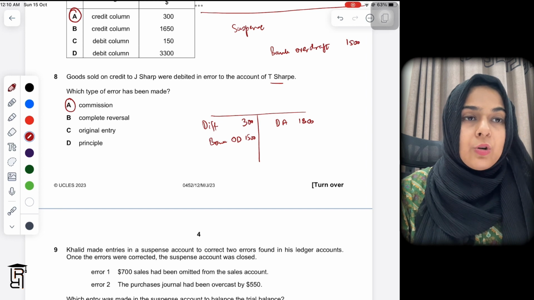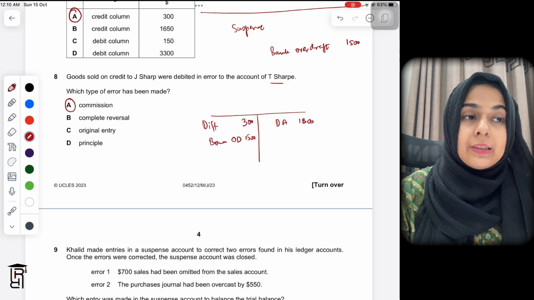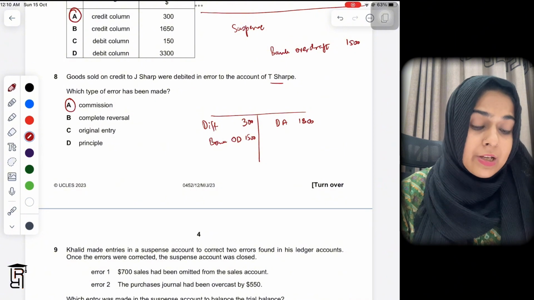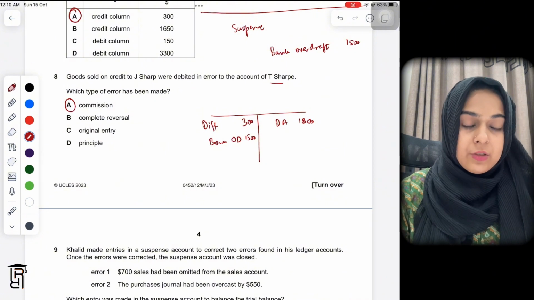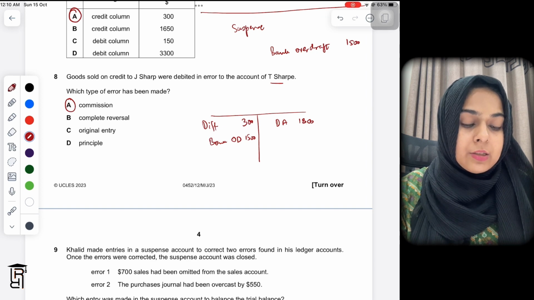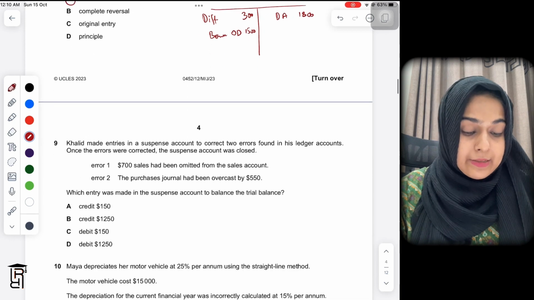Both T Sharp and J Sharp are your customers, so the class of account is correct. Both accounts are trade receivables accounts, both are assets accounts, but the account itself is wrong. So you have wrongly debited the other person. So the answer should be A, that is error of commission.